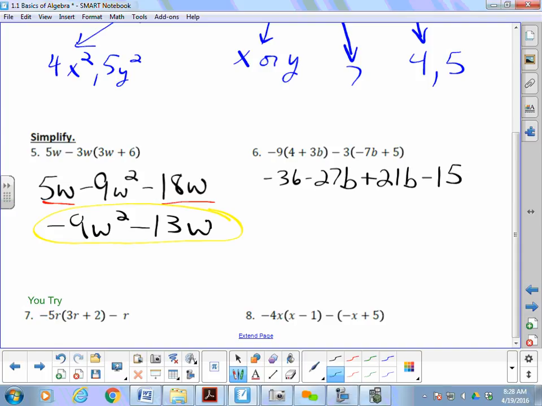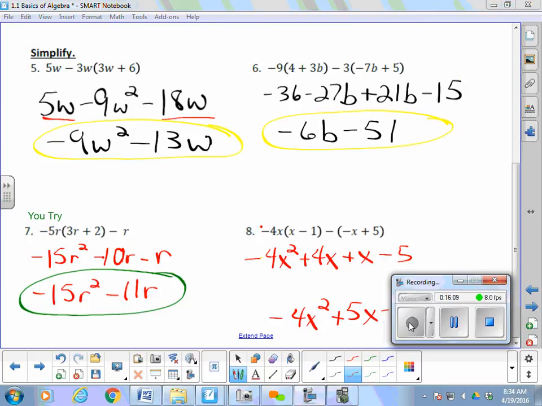All right. B has a power of 1, but the constants have a power of 0. So negative 27b and 21b is negative 6b. Negative 36 minus 15 is negative 51. Okay. Make sure you're doing order of operations correctly there.